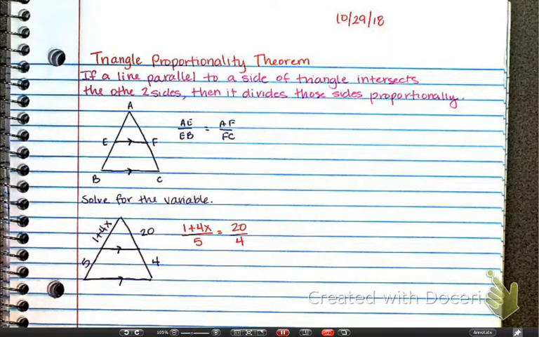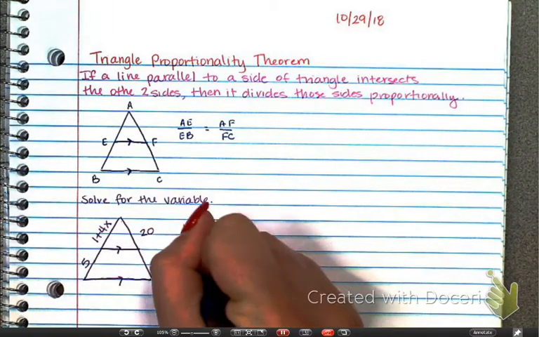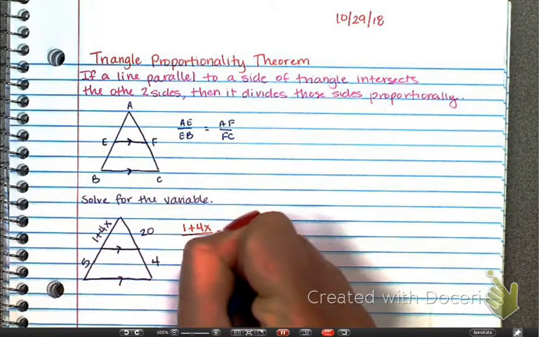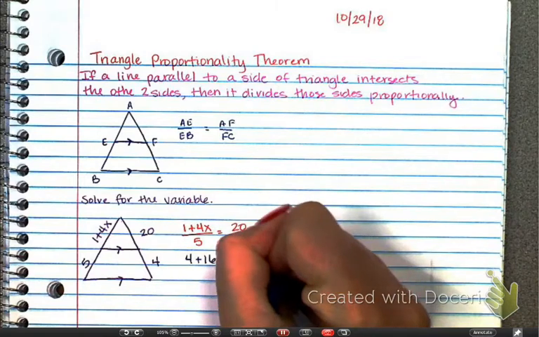Once our proportion's set up, what do we do from there? Cross multiply, right? So if I cross multiply, I get 4 plus 16x equals 100.